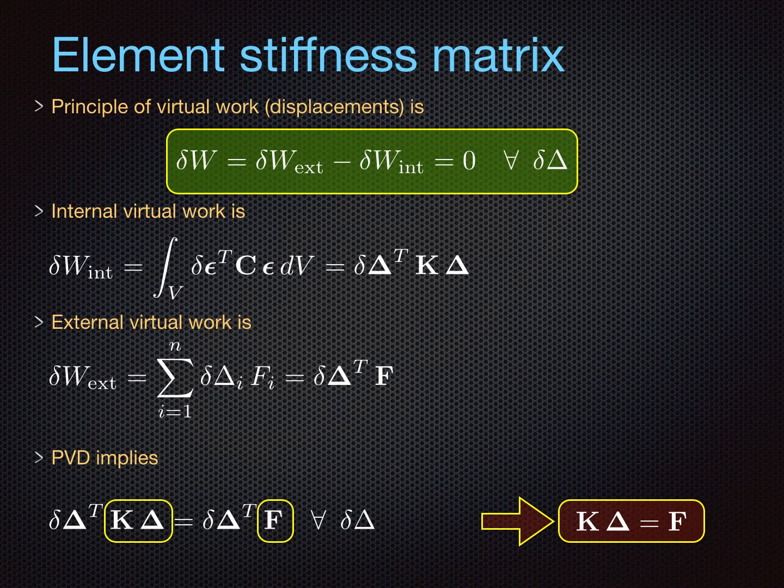And now, through this principle of virtual displacements, we have taken our ordinary differential equation and converted it into now an algebraic equation, which we can solve for delta after applying the proper boundary conditions, because nominally this K that we have devised is going to be singular up to a set of rigid body motions at least. And once the proper boundary conditions are specified, we can then partition and invert this problem to solve for delta as well as unknown reactions on the right-hand side.